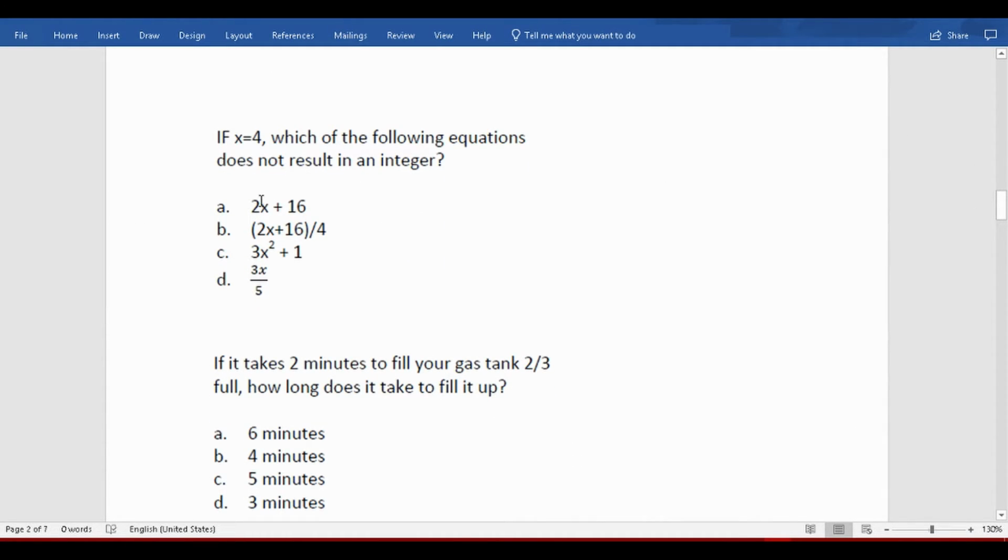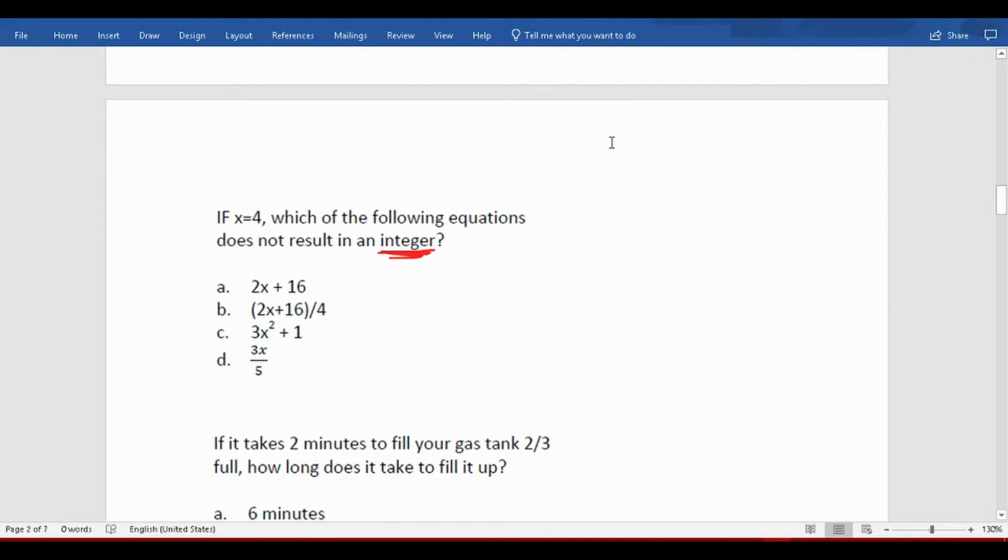Alright, this question. If x equals 4, which of the following equations does not result in an integer? So this problem is testing your knowledge of the number system, and the way I like to remember it is this. N, W, I, R. N stands for natural numbers, W stands for whole numbers, I stands for integers, and R stands for rational numbers.